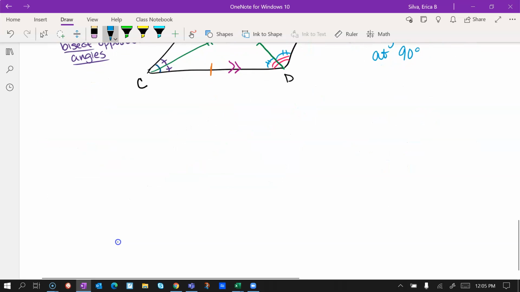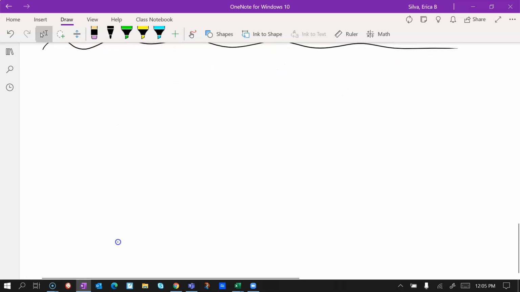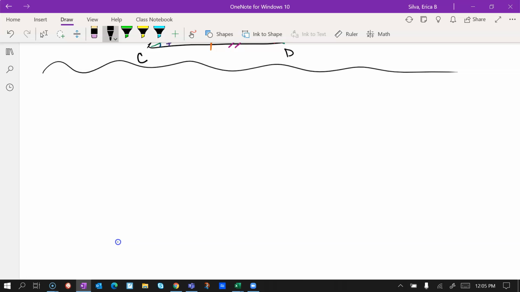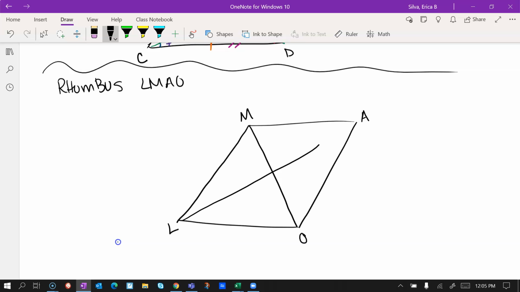All right, let's go ahead and go on to my first example. We have rhombus LMAO, and then we have these two diagonals.